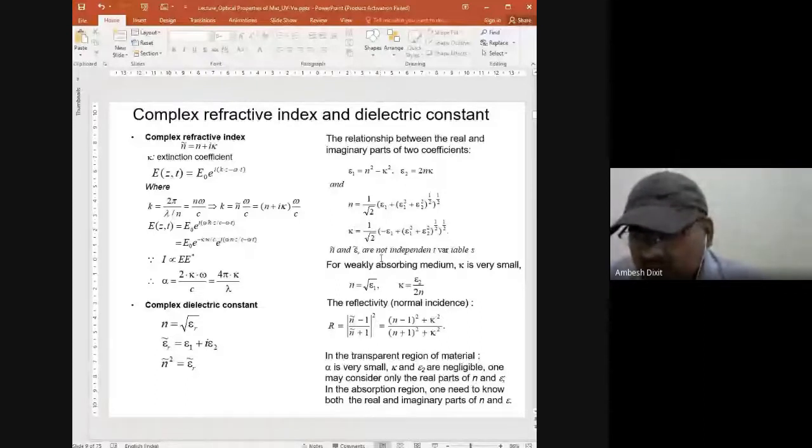Now you can define constants on it. If my system is not very absorbing, like a weakly absorbing medium, then the extinction coefficient will be small. When the extinction coefficient is small, you can try to get rid of k, because n is 1 over square root of 2 times the square root of epsilon 1 plus the square root of epsilon 1 squared plus epsilon 2 squared, to the power half.